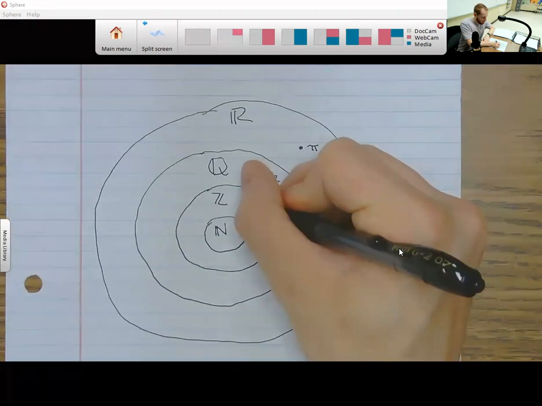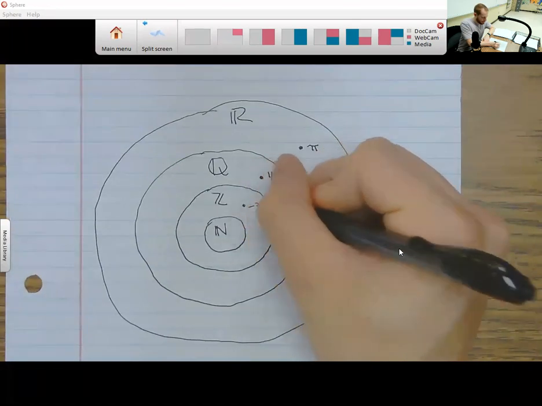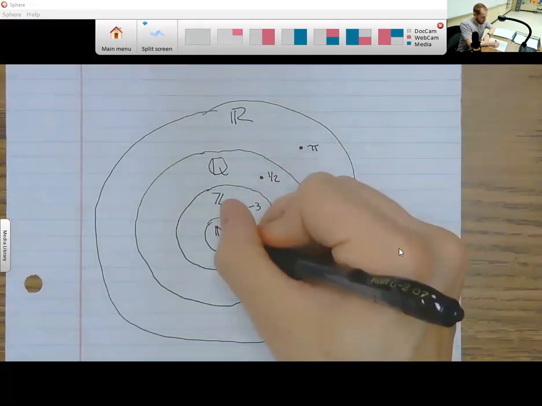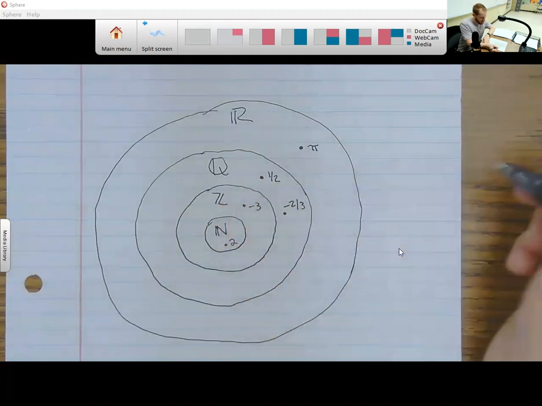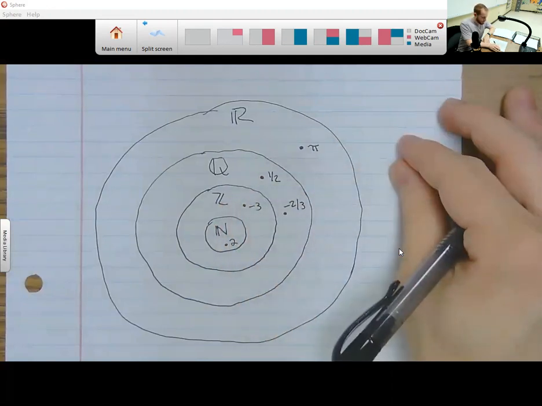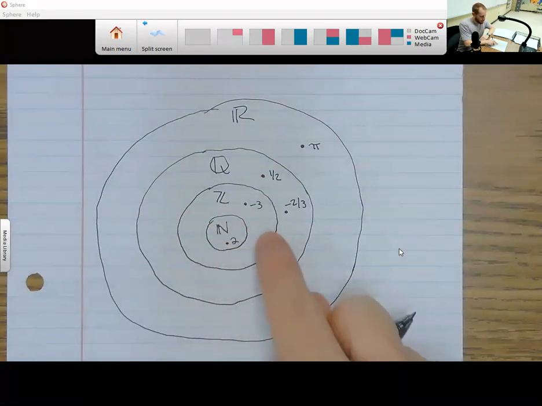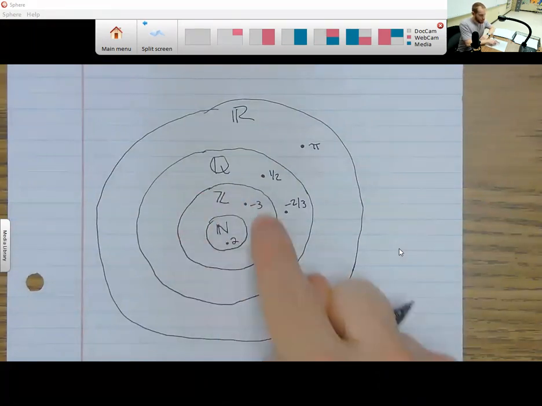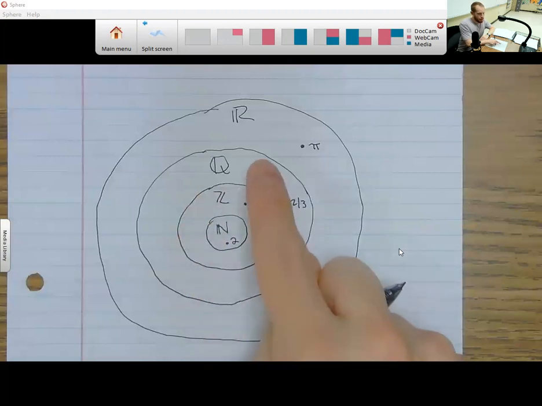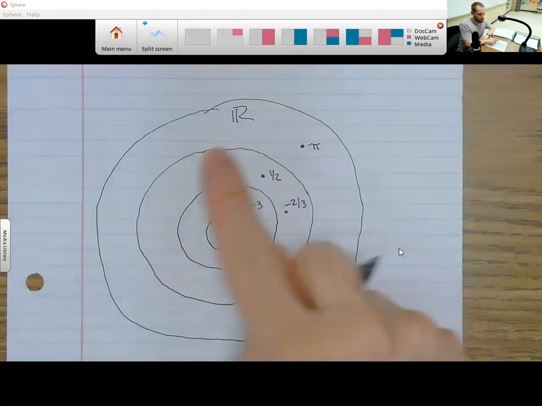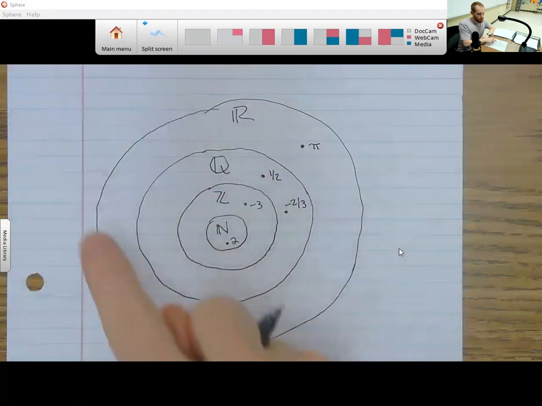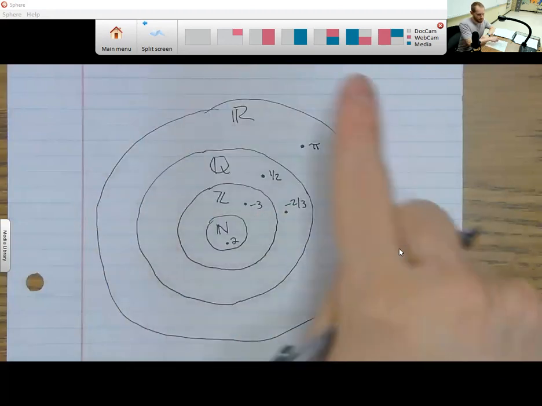Positive and negative whole numbers like -3 or +2, those are integers, right? So all the natural numbers are in this little circle. There's an even bigger set called the integers that are in this circle. And then all the rationals are in this circle. And then you have all the real numbers, which are encompassed in this big circle.